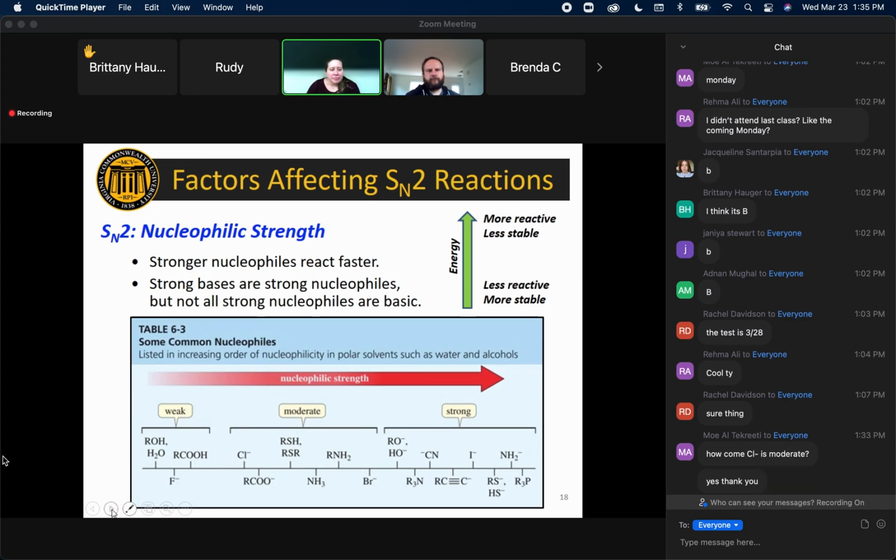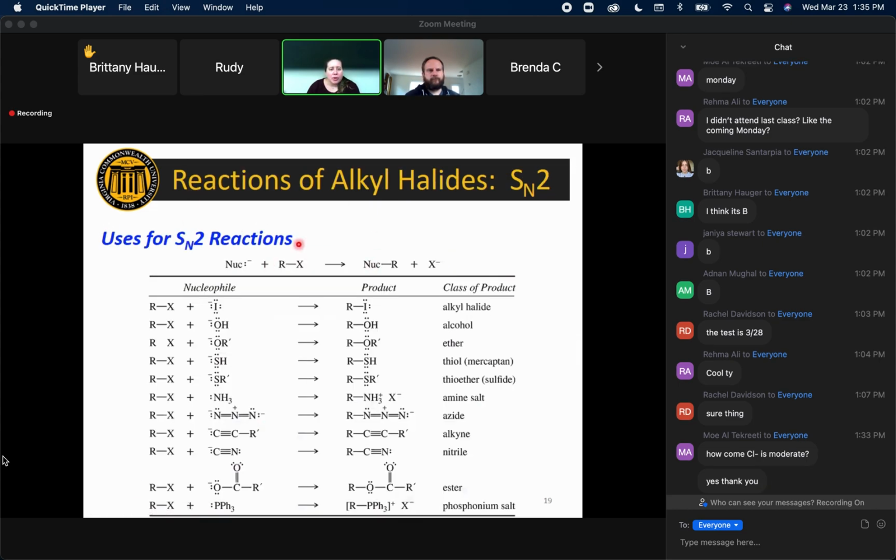Okay. So moving on, I wanted to put up this chart, which is also from your book, and just point out to you guys that with learning these SN2 reactions, or really in general learning nucleophilic substitution reactions, we can take an alkyl halide now and we can react it with all sorts of different nucleophiles. So check this out. In this one class, well, two classes on Monday and today, now we know how to make alcohols, we know how to make ethers, we know how to make all of these different types of functional groups.